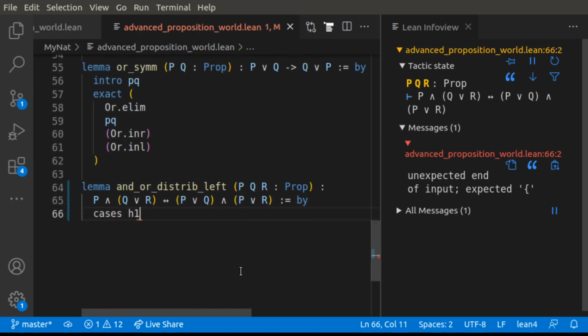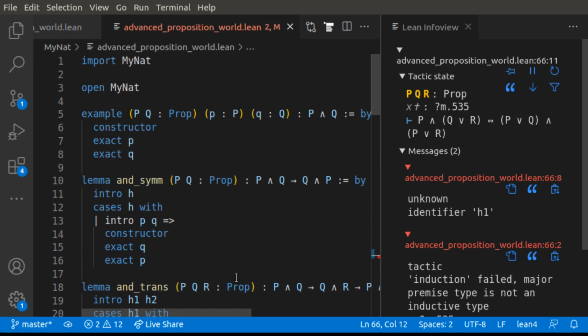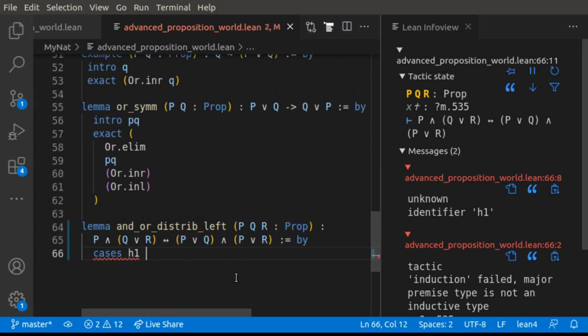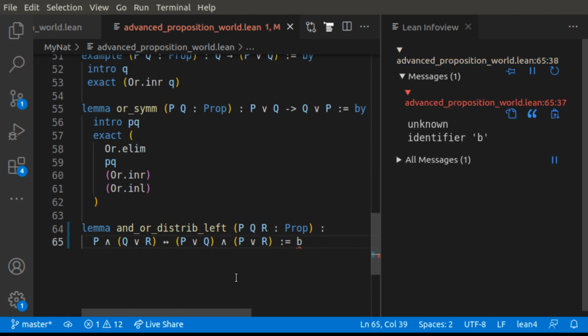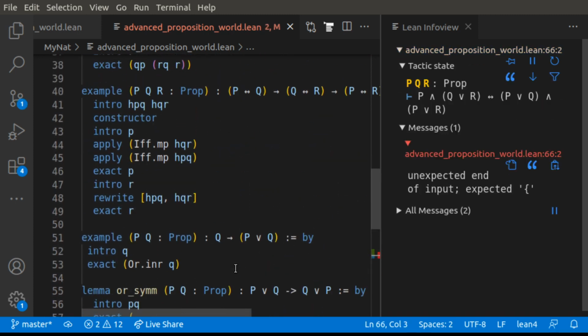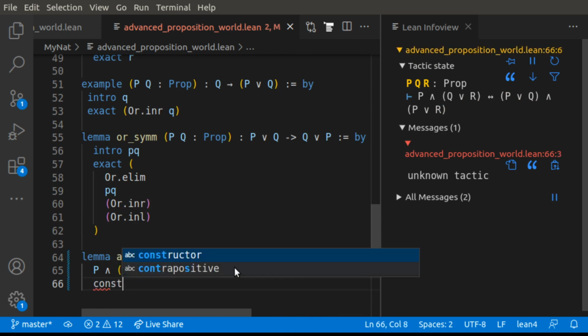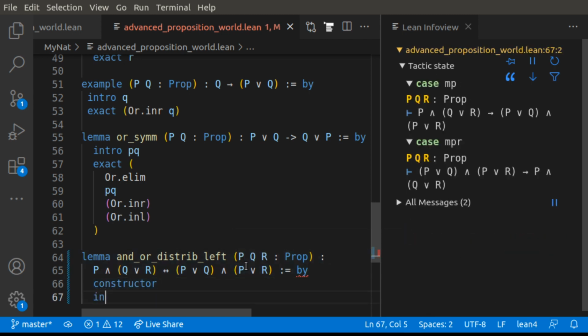So cases H1. Okay, constructor. Constructor maybe. Constructor lets us split up, so now I can intro stuff.